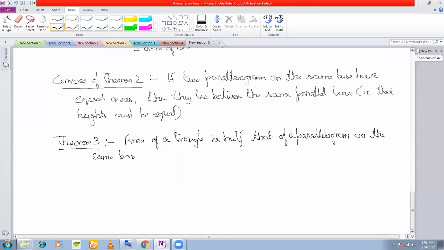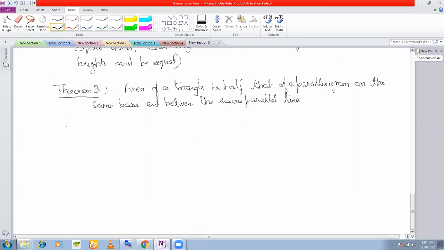On the same base and between the same parallel lines. Right? I'll give you two figures in this regard for you to understand.